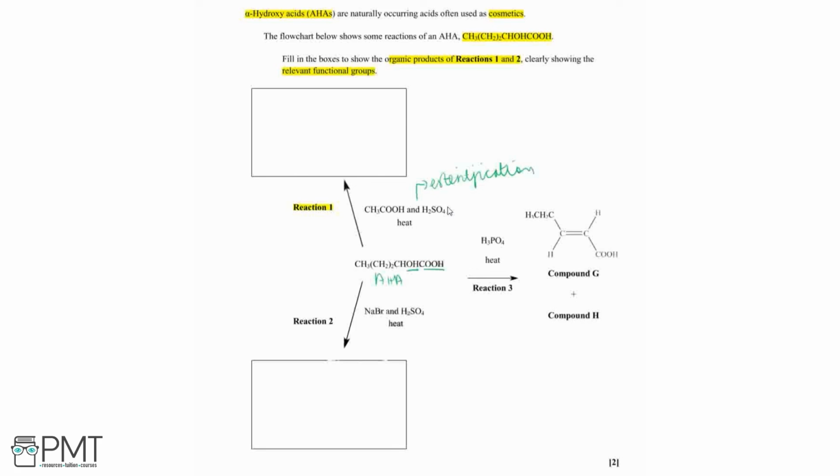So let's draw out the structure of our product for this reaction. So we've got our carbon centre, and I'm going to start by drawing on the parts of our AHA which have stayed the same. So our acid has not reacted in this reaction. We've still got our carbon chain here. I'm just drawing it exactly the same as it was shown in the structural formulae to keep things easier and neater.